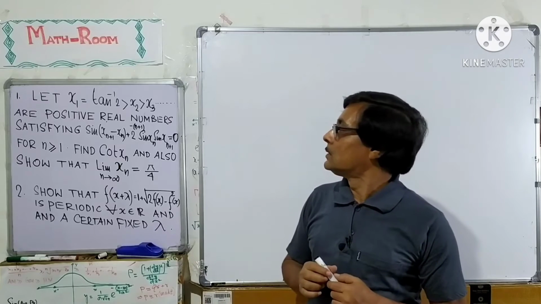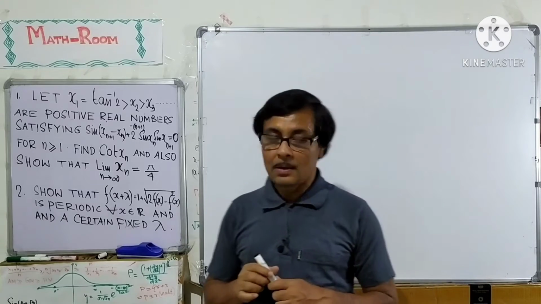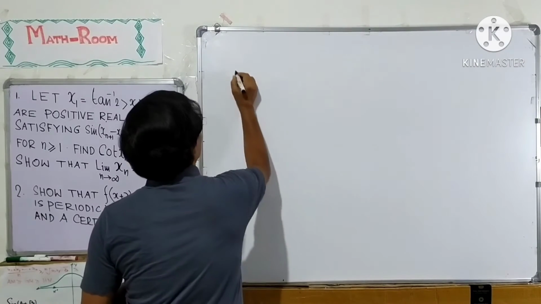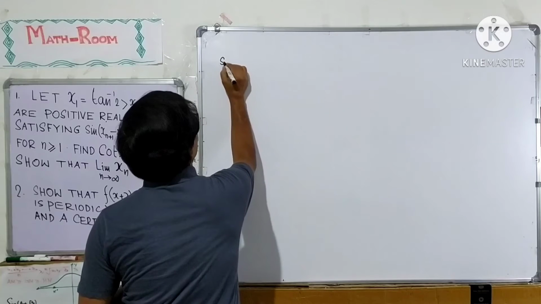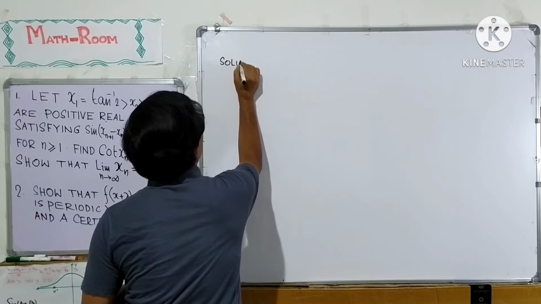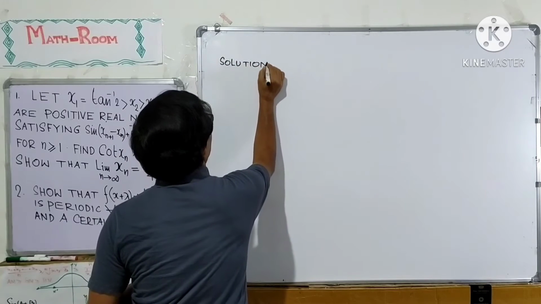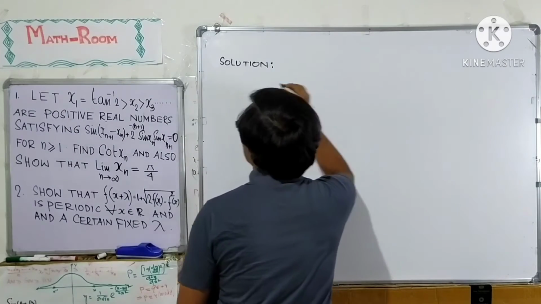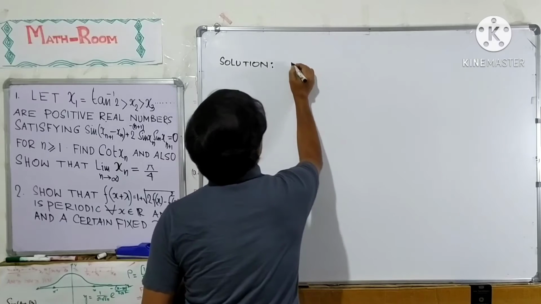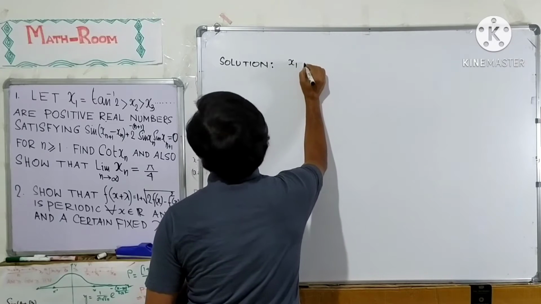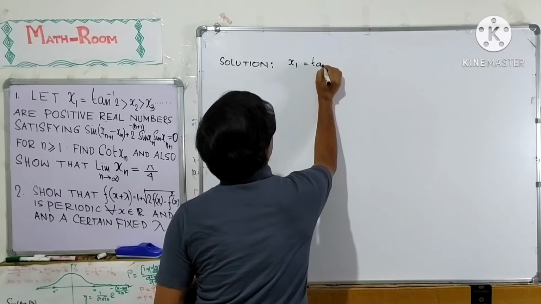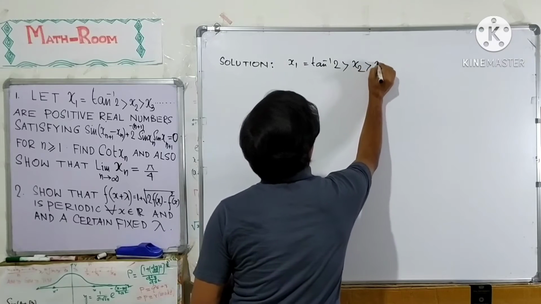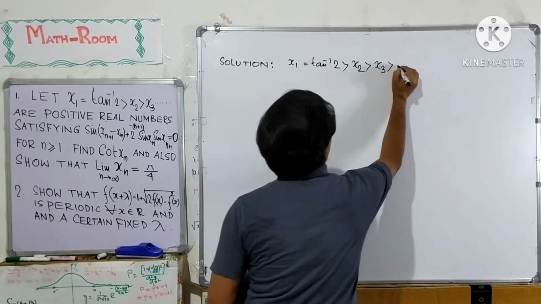At first we solve the first problem. Let us begin. At first we write down the sequence, which is x1 equal to tan inverse 2 greater than x2 greater than x3 and greater than so on.